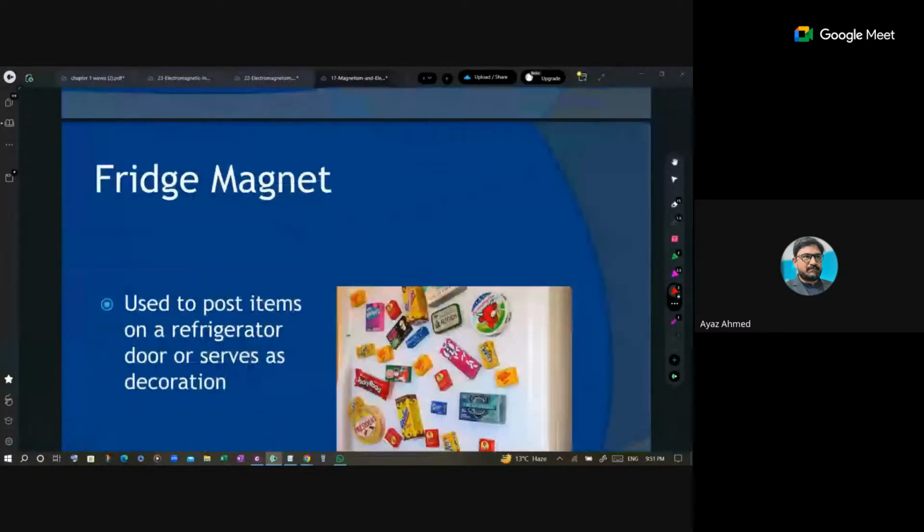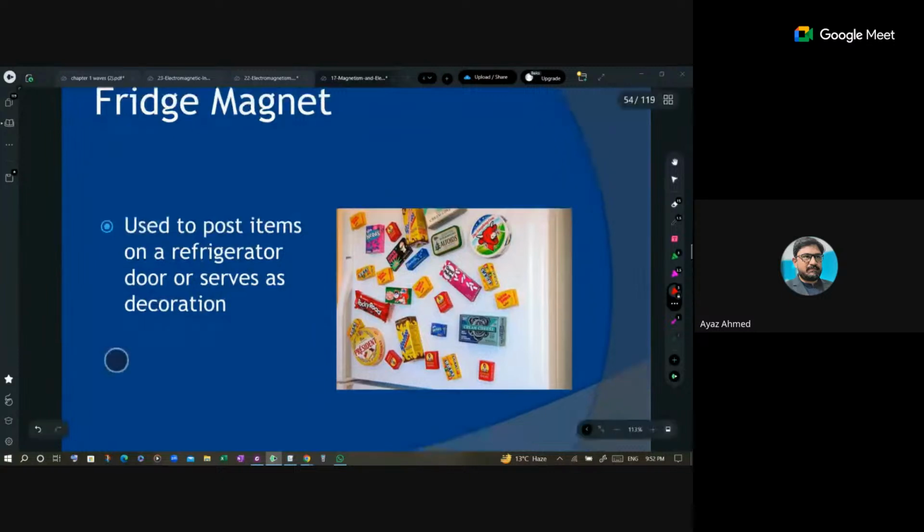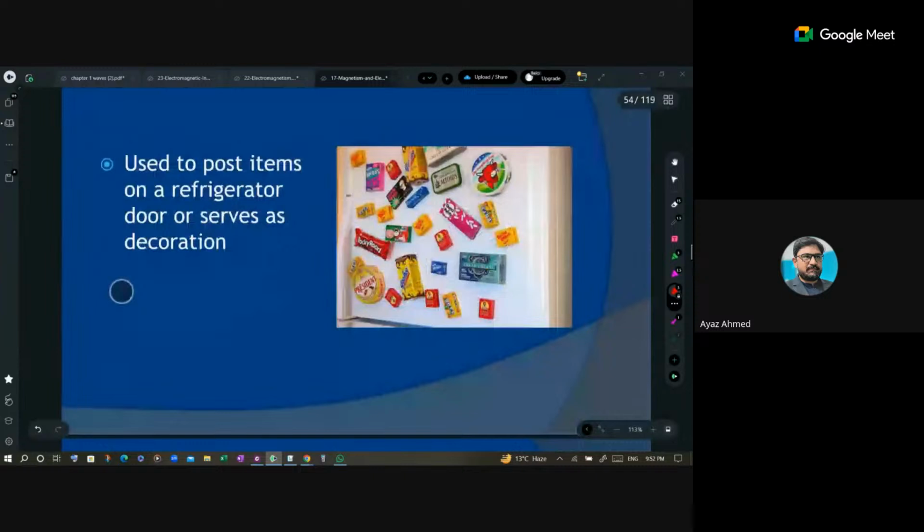Then fridge magnets are used to close the door, or to paste some materials on the refrigerator door. There are also some decoration pieces like that.